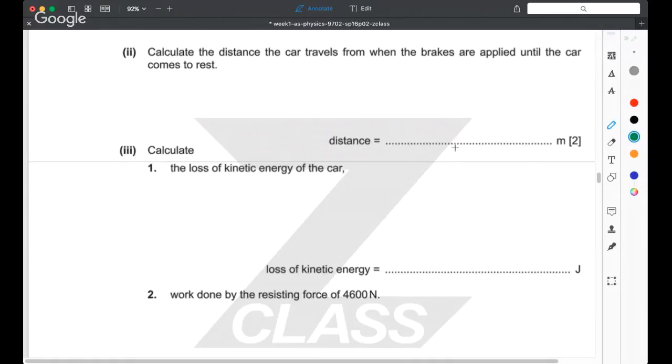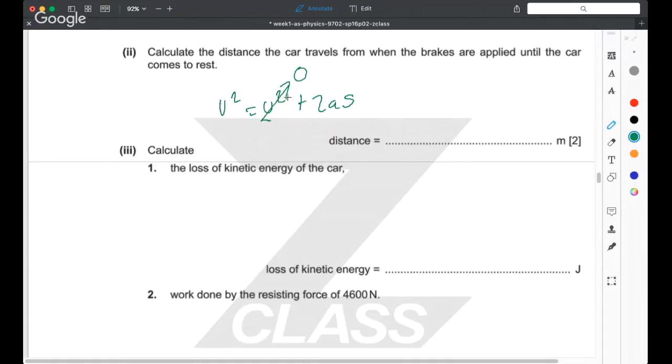So no worries. So v squared equals u squared plus 2as. So v squared is 0. Either it's v or u, it's going to be the same.